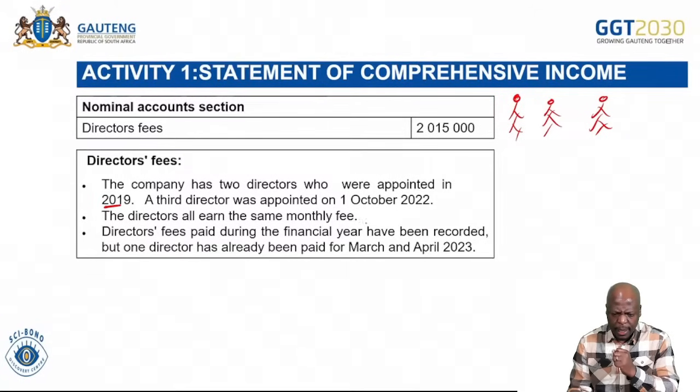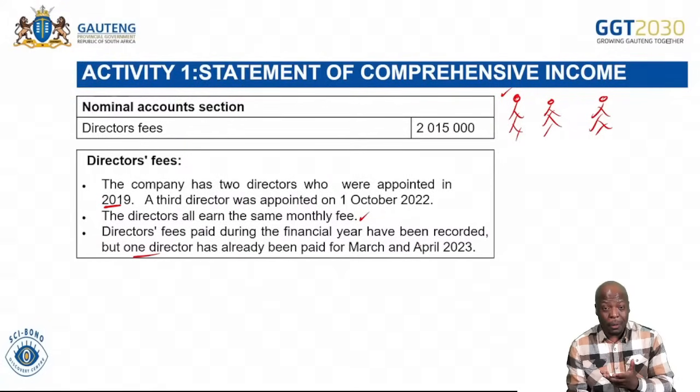And then all the directors earn the same monthly fee. Okay? Directors' fees paid during the year have been recorded. But one director, let's assume it's this guy here, has already been paid for March and April.